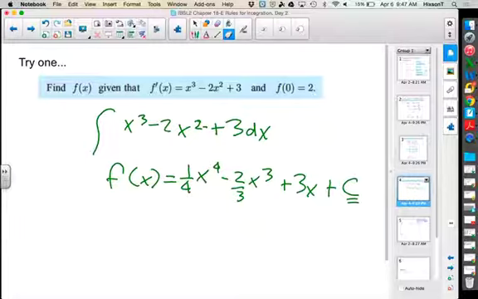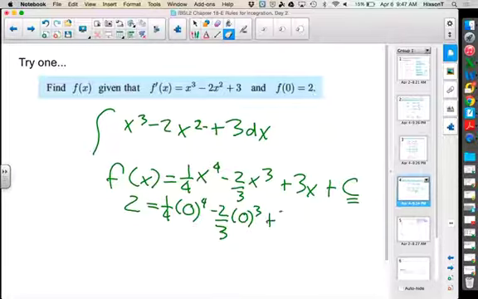And now what? So 2 equals c, which makes c 2.